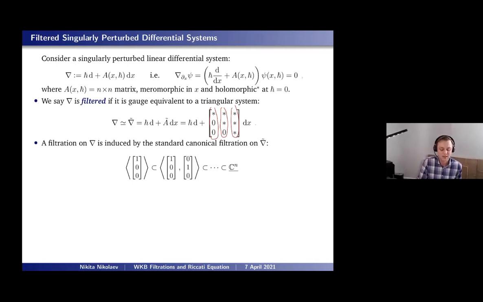But sometimes you can't diagonalize, and that will be the case here. But it turns out that you can triangularize your system, and that's almost as good, because it's just one step away from being able to solve the whole thing. You just solve it column by column.